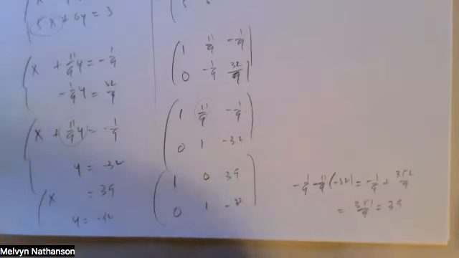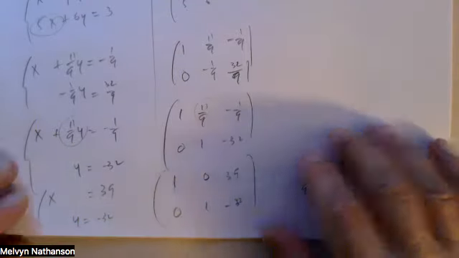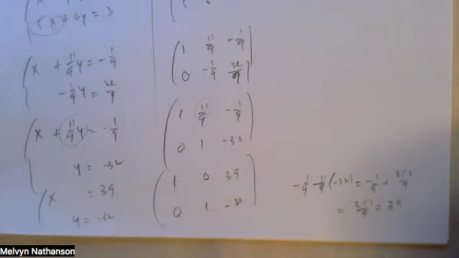And any rows that are all 0 are at the bottom of the matrix. So a matrix in that form is said to be in row reduced echelon form. So let's see.